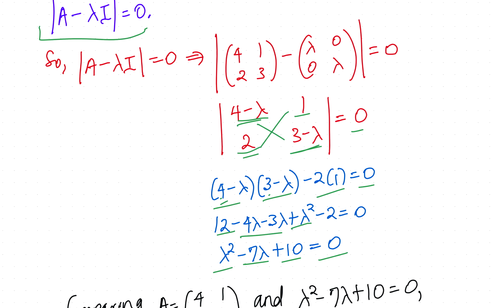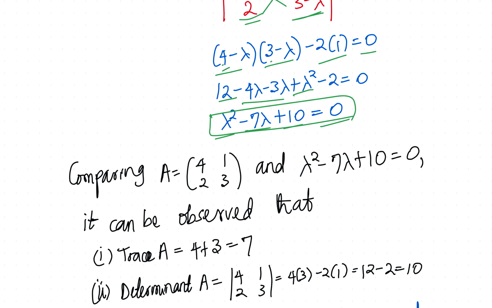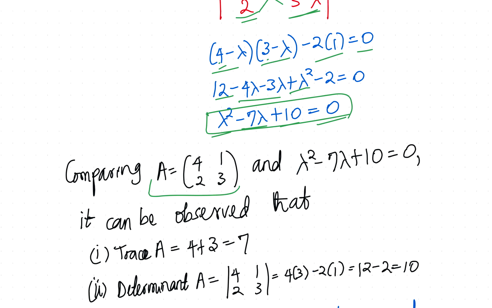But guess what? If you compare the matrix we started with, which is 4, 1, 2, 3, with the characteristic equation, lambda squared minus 7 lambda plus 10 equals 0, see what happens. The trace is the addition of the main diagonal elements, or the principal diagonal elements. The trace of A is 4 plus 3, which gives us 7.